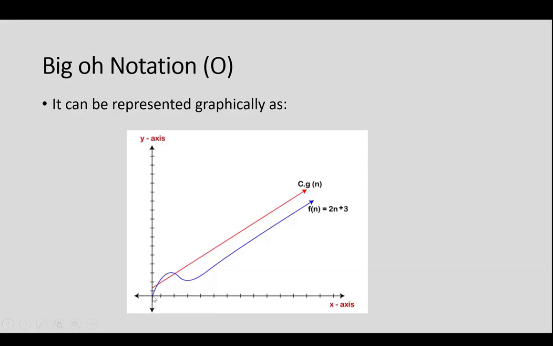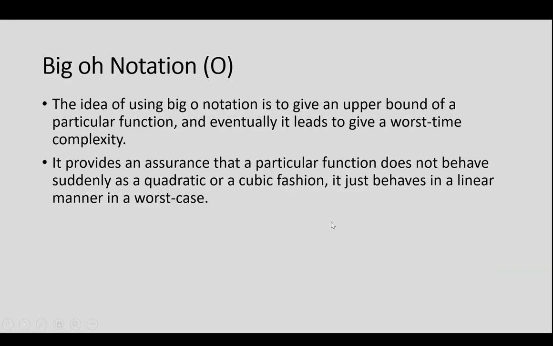Those will be somewhat going up and down here whenever the f of n's value is the least value. As it goes upwards, it is linearly going with g of n. So that is the upper bound. This g of n would be the upper bound for f of n equal to 2n plus 3.